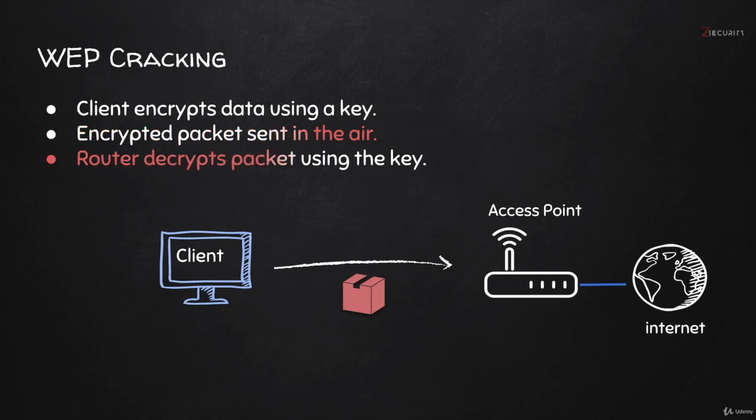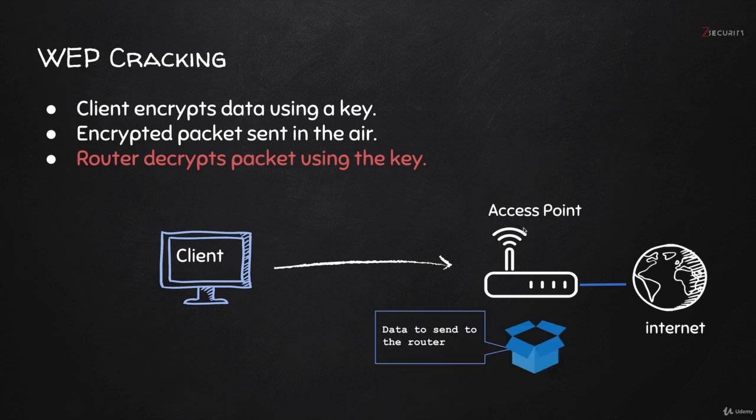The access point will receive this encrypted packet and it'll be able to transform it back to its original form because it has the key. Therefore, it'll actually be able to read the contents, which is "data to send to the router". The same happens if the router wants to send something back to the client. It'll first encrypt it using a key, send it to the client.